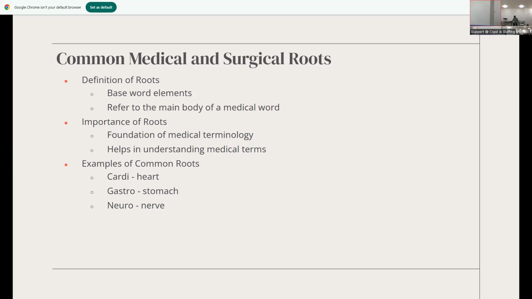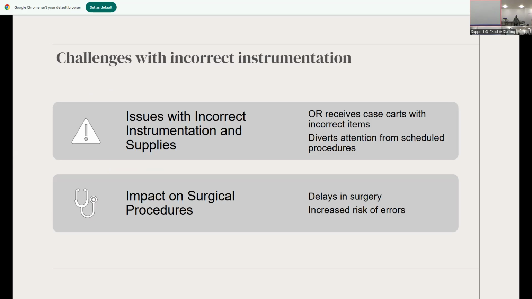Right. Let's continue. Challenges with incorrect instrumentation. One is issues with incorrect instrumentation and supplies. What is the impact on surgical procedure? If you put in wrong instruments, what is the impact on surgery?